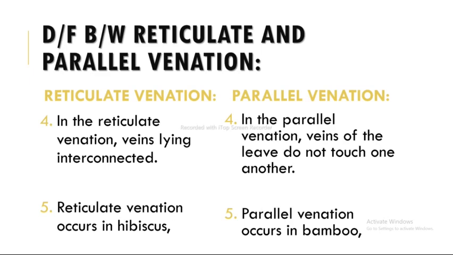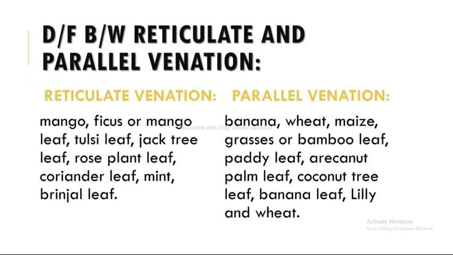Reticulate venation occurs in the hibiscus, mango, ficus, tulsi leaf, jack tree leaf, rose plant leaf, coriander leaf, mint and brinjal leaf.